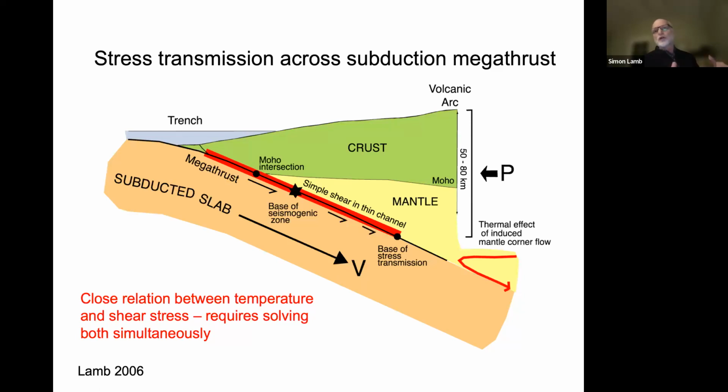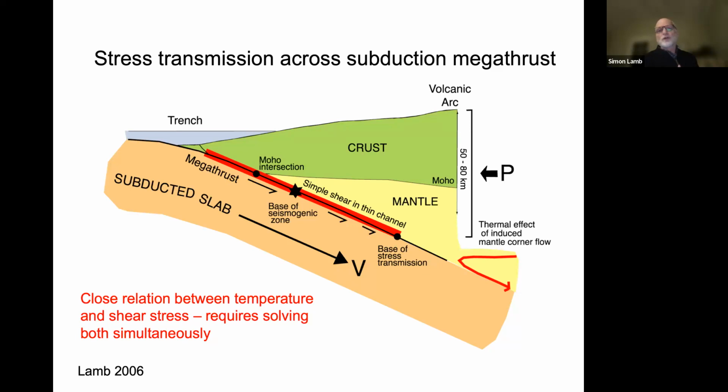So the stress transmission varies along the length, but the integrated force has got to be enough to support the height of, for many subduction zones, the volcanic arc behind it. But especially when you're looking at the ductile part, there's a close relationship between temperature and shear stress.